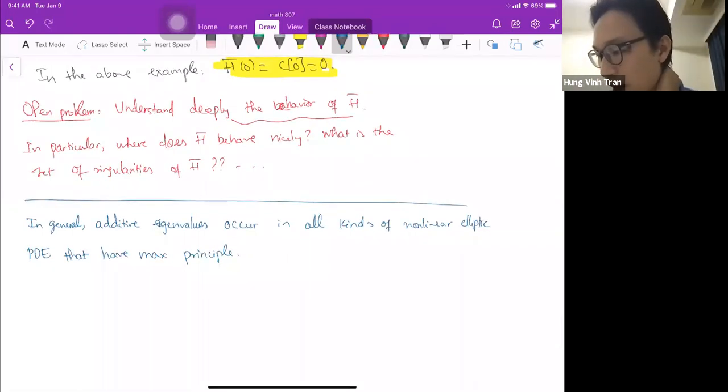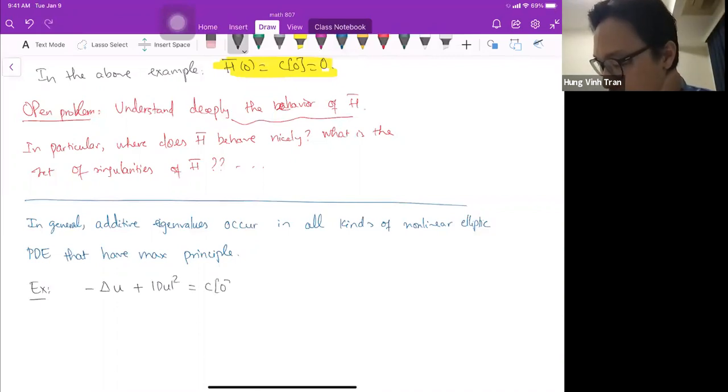One particular example that people often talk about is when I consider the equation, okay, let me try to write it in a correct way. Minus Laplacian of u, so I'm putting the Laplacian here, plus |Du| squared equals c naught in the torus.